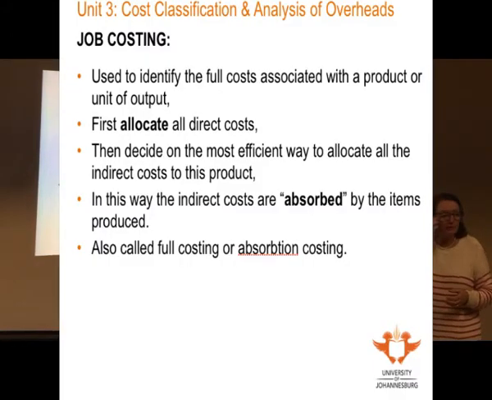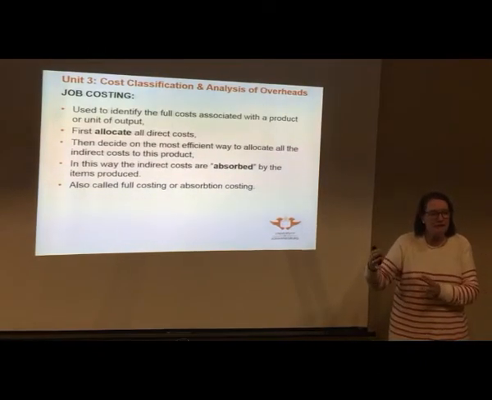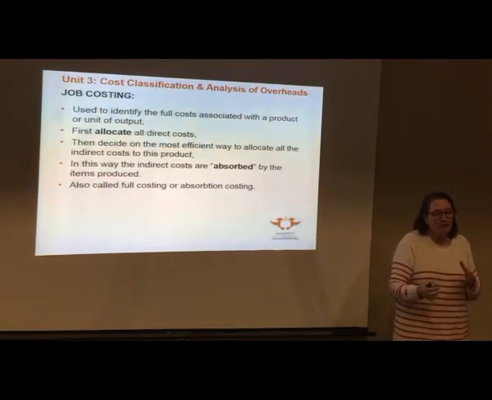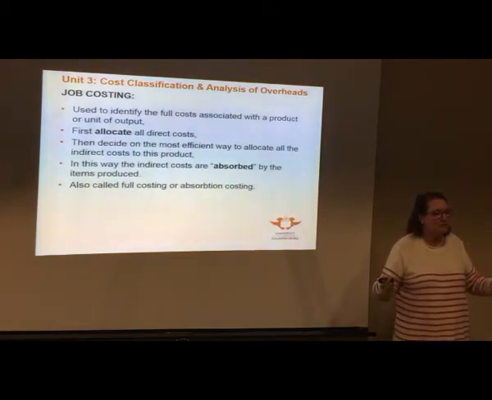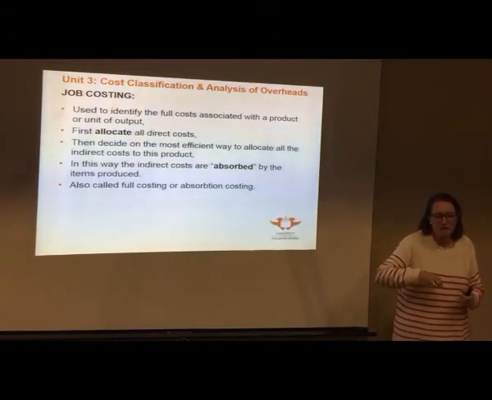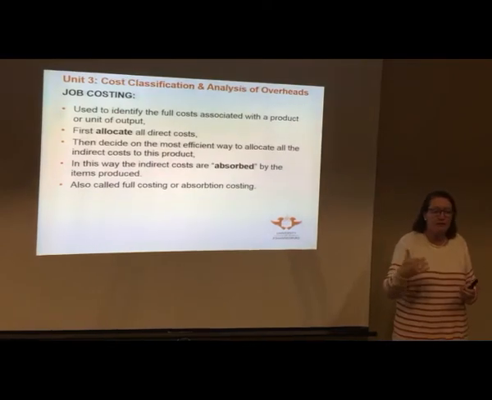So we call this absorption costing or full costing, where we allocate the indirect cost to items as well. Because if you're not allocating the cost of, say for example, the rent on the factory to the items you're producing in the factory, then your costing for your item is going to be too low, not so? Because who's paying for the rent for the factory?